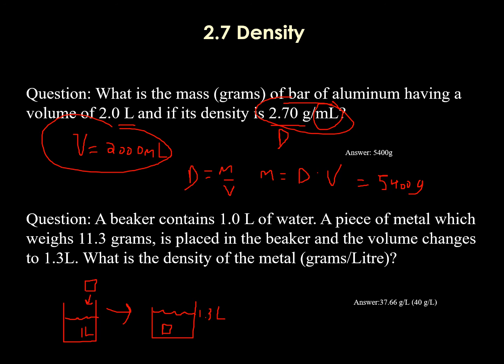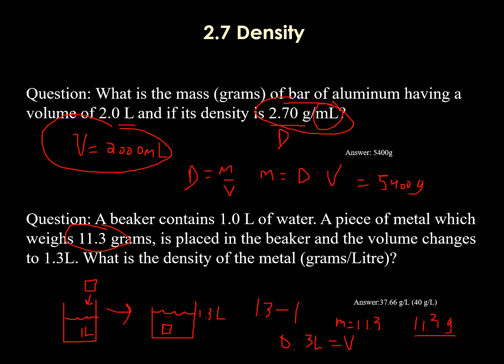You want to find the volume of the metal. It's going to be 1.3 minus 1, which gives us 0.3 liters. So this is equal to V. And you also have the mass here as 11.3 grams. So M is equal to 11.3.